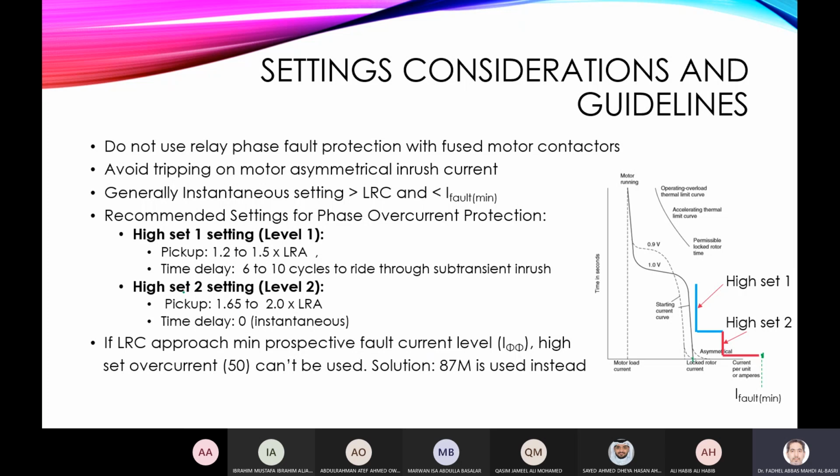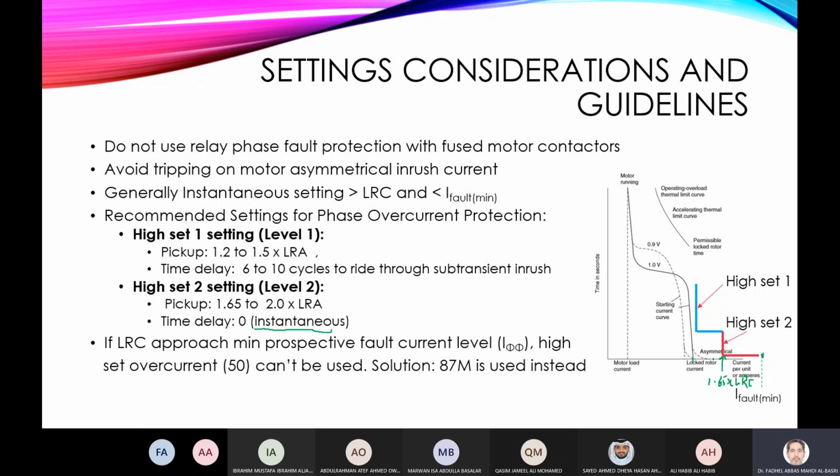1.65 to 2 times the locked rotor current. This is called high set stage 1, or stage 2, high set 2, or sometimes they call it stage 2 level. So this is instantaneous. There is no time delay on this. The pickup setting here is 1.65 to 2 times the locked rotor current.